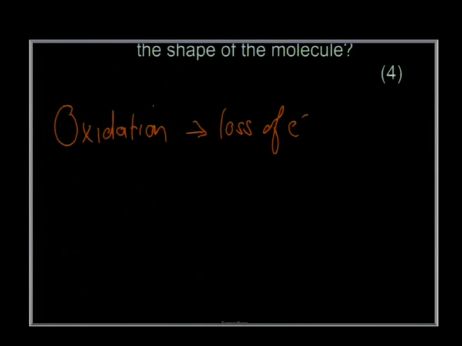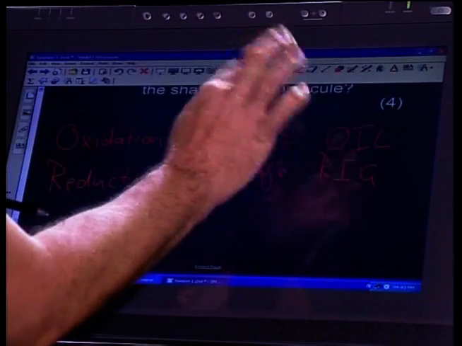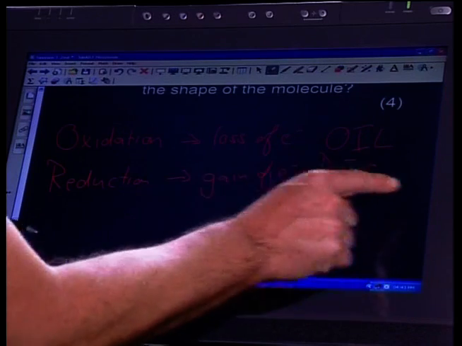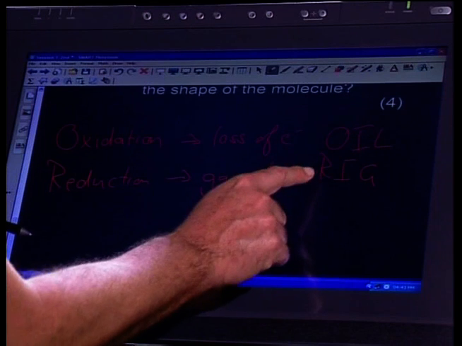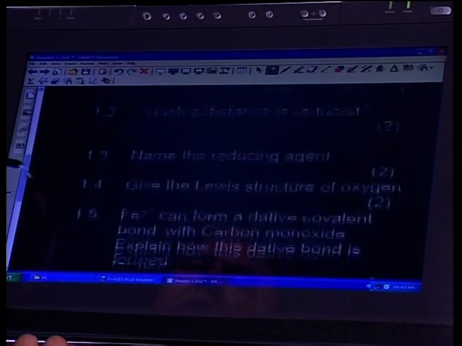And I remember that by saying OIL. Oxidation is a loss, and reduction is a gain of electrons. So the mnemonic I use, OIL, RIG, oxidation is loss, reduction is a gain, is a very helpful tool to answer these type of questions.